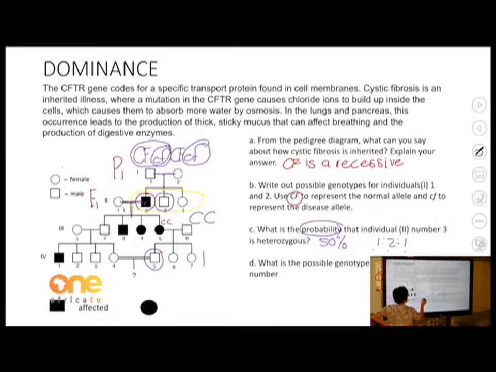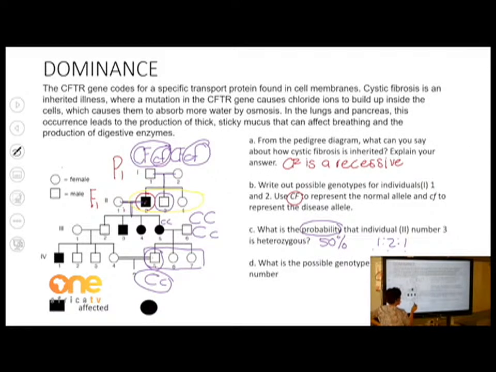Because no one here has cystic fibrosis. This one will definitely look like this. Even if that one was small c, capital C, because it's unaffected, so it must have the dominant gene to mask the recessive one.